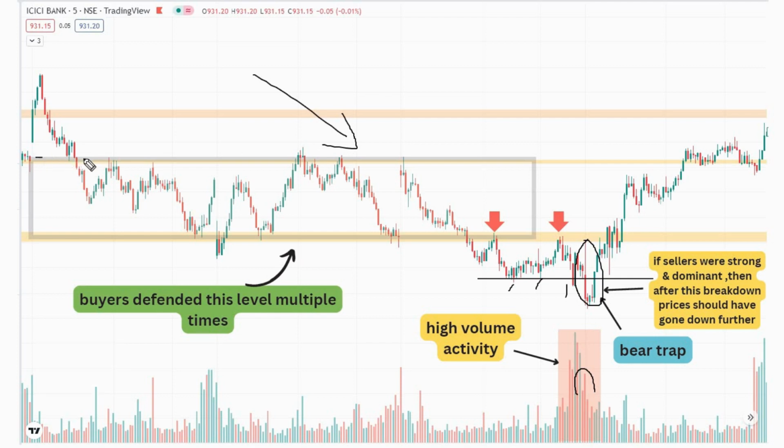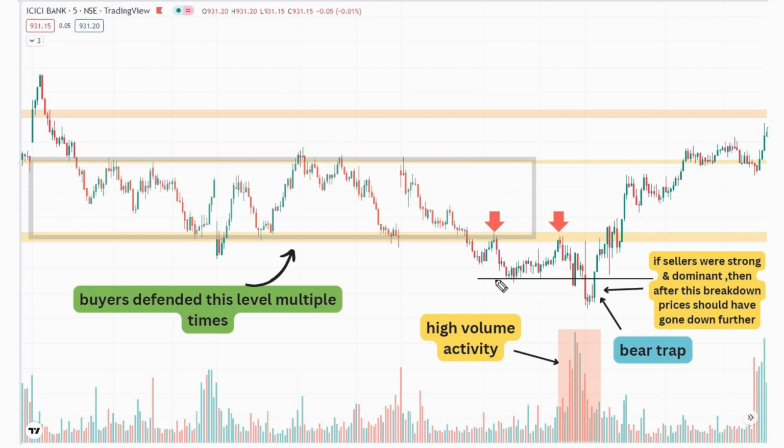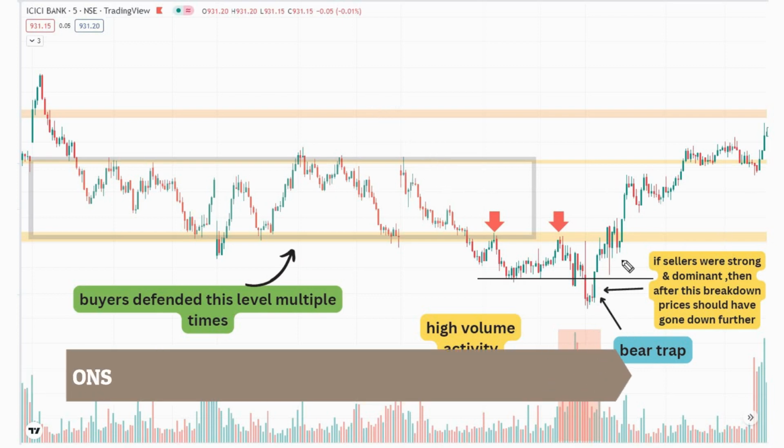Then we saw a range consolidation, where buyers tried their level best to defend this level and push the prices towards the upside, but eventually sellers proved to be very strong, broke this level and continued the downward momentum with an increase in volume. After this breakdown, our expectation should have been that prices will go towards the downside because we are in a downtrend. But what happened?